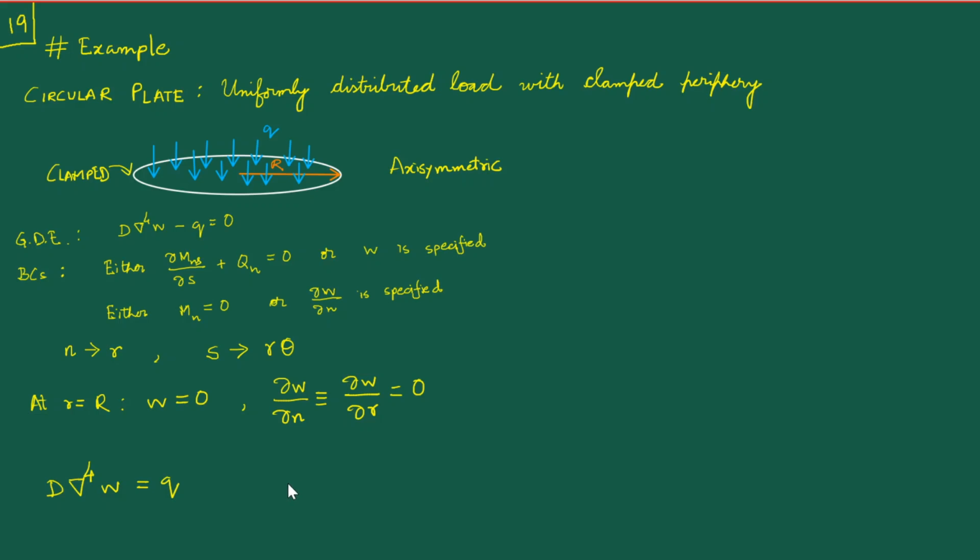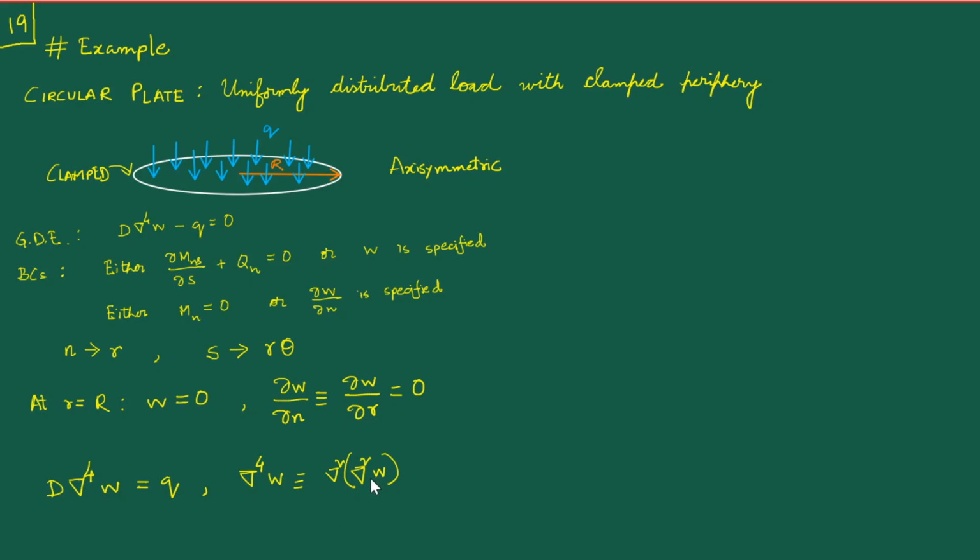So anything which involves the del theta, or perhaps even del theta square, all those things will be 0. Now we also know that this biharmonic operator can be equivalently written as the Laplacian of the Laplacian. And what is this Laplacian?